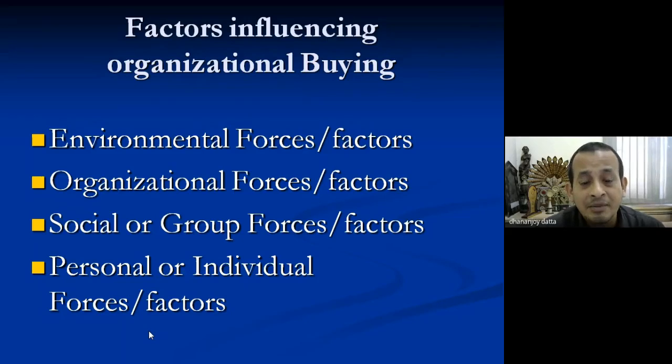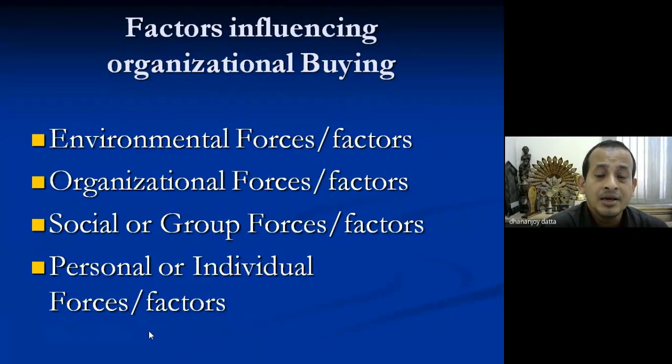If we talk about the external environment, that includes the micro environment and macro environment. The micro environment consists of suppliers, distributors or intermediaries, and customers. Macro environmental factors consist of technological, legal, political, economic, and socio-cultural factors.